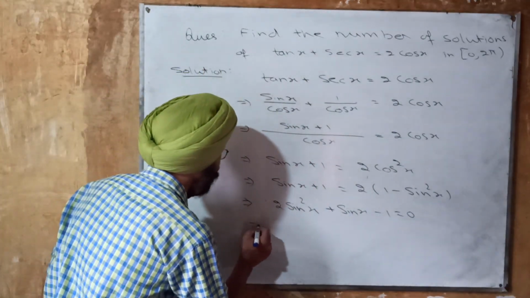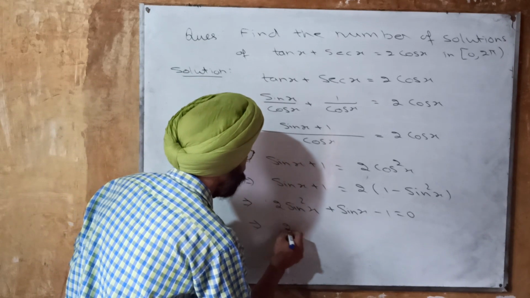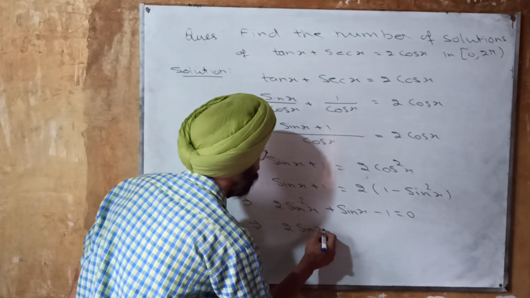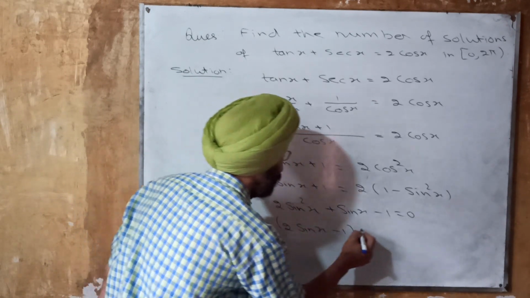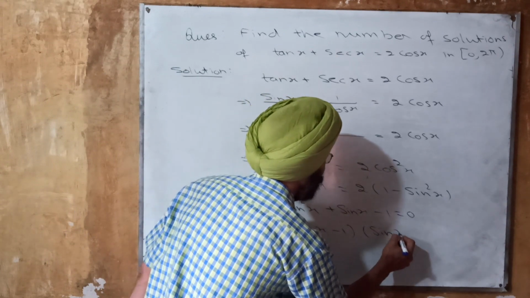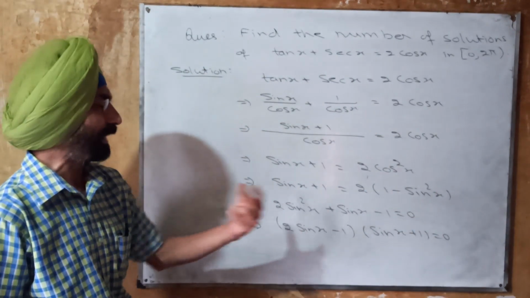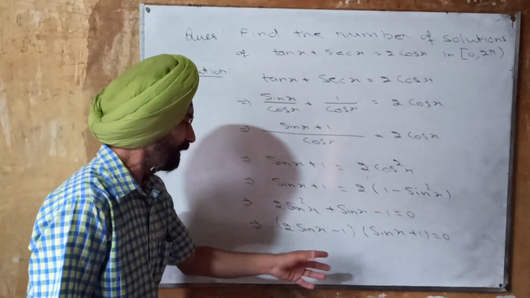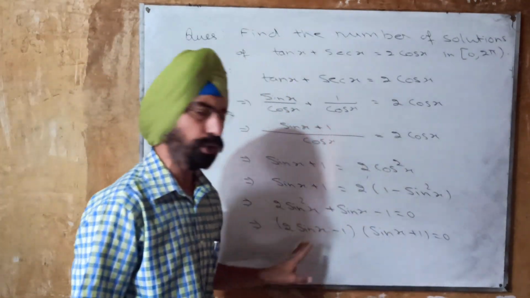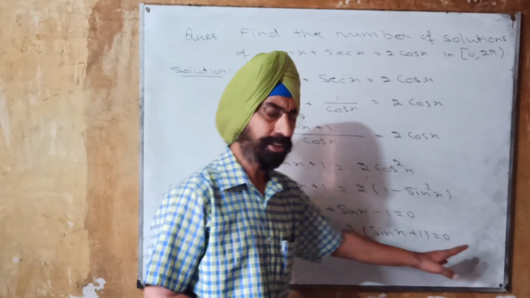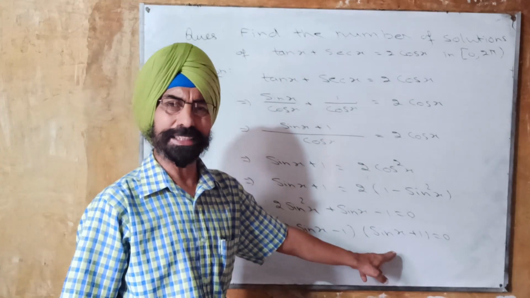So what will be the factors? The factors will be 2 sin x minus 1 and sin x plus 1 is equal to 0. These will be the factors of this equation, and now the product of these two terms is 0. So either this is 0 or this is 0.